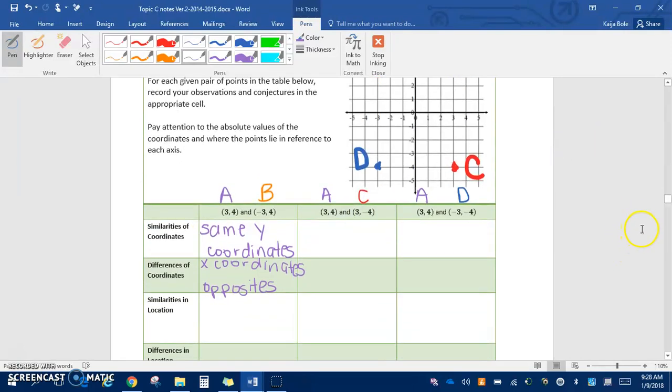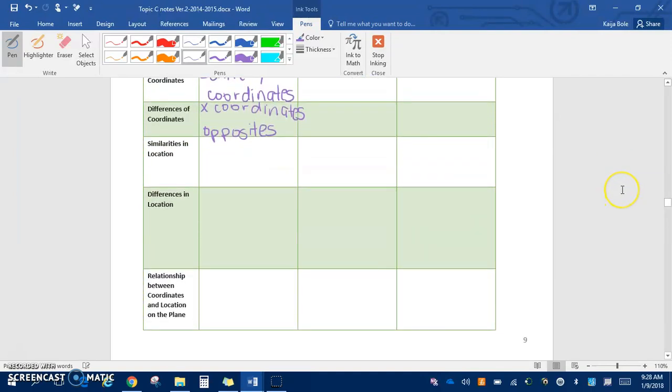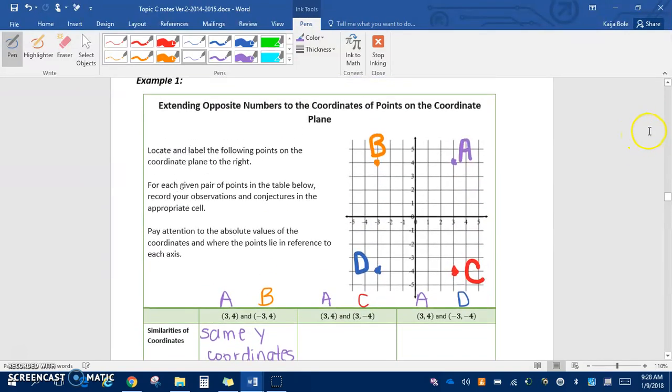Alright, and then we're going to skip the similarities in location and the differences in location, and just look at this last box here. They're asking about the relationship between the coordinates on the plane. So we're going to start talking about reflections, and if you look back up here from point A to point B, they're pretty much in the same spot, just in two different coordinates, but we're going to say that point A is reflected, so it's jumped over the y-axis.